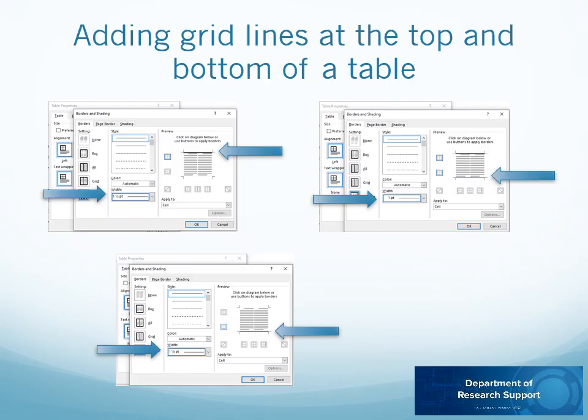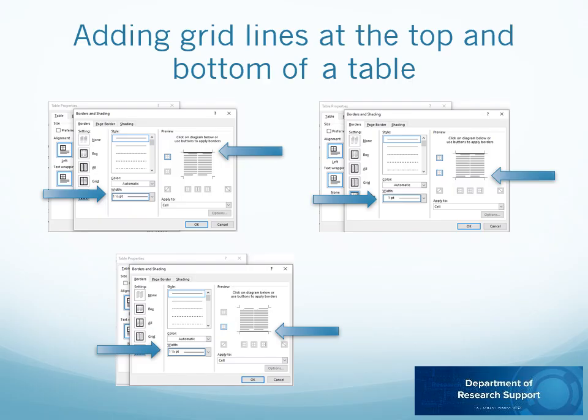Change the width to 1.5 point, and then click on the top of the preview to add that line to the top of the row. Change the width to 1 point, and then click on the bottom of the preview to add that line to the bottom of the row. Then click OK. You will also need to click OK in the Table Properties pop-up box if you right-clicked in the table to reach this function.